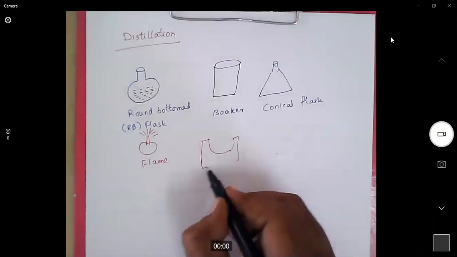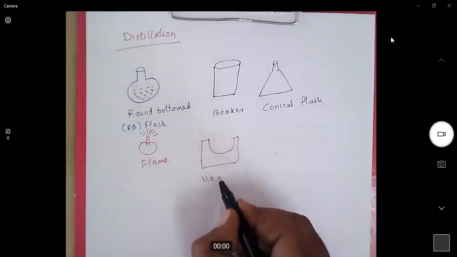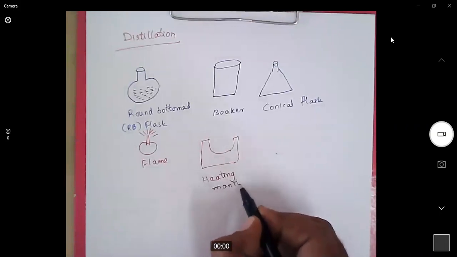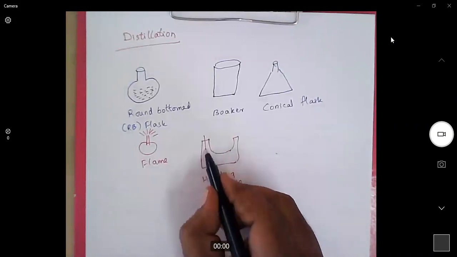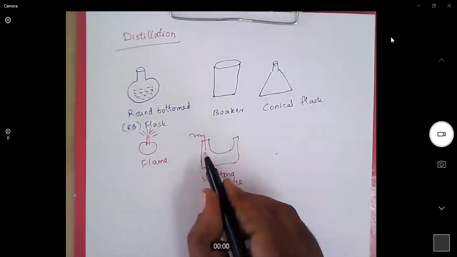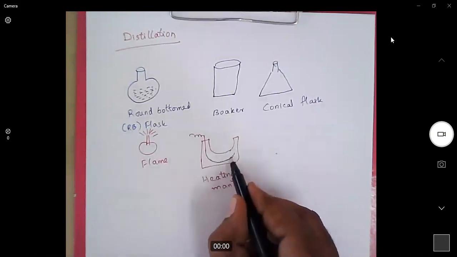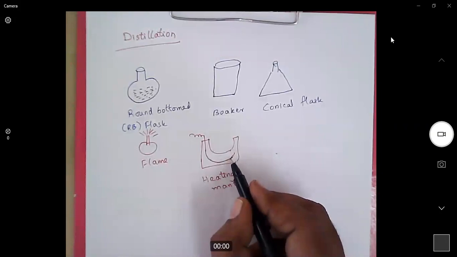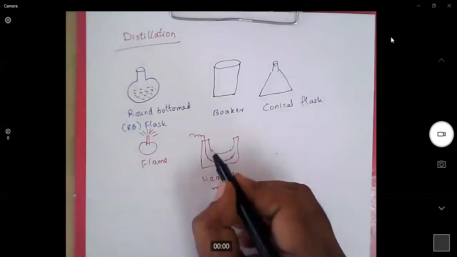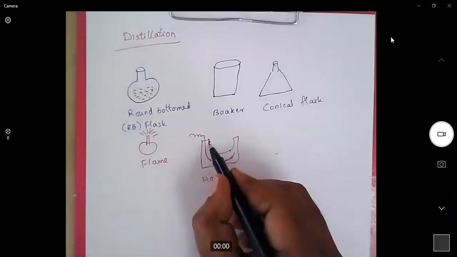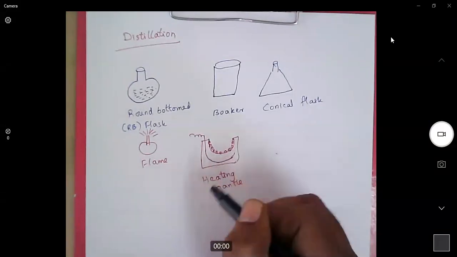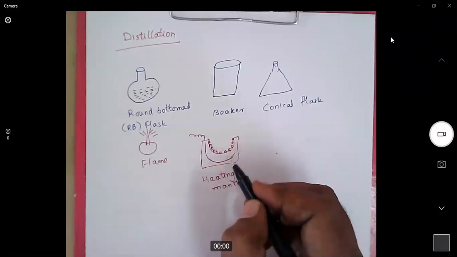One is the heating mantle. Inside there is a coil, just a normal electrical heating coil, and on top of that it is covered with a thermally conducting layer.